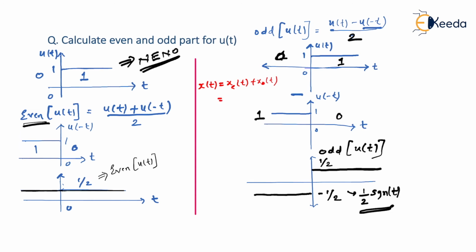So tell me, in the case of u of t, what is the even component? I can say the even component is throughout half. So I can write half here, plus what is the odd component of u of t? It is half signum of t. Is that right? And what is x of t? In our case, x of t is u of t. So this is the formula for u of t.